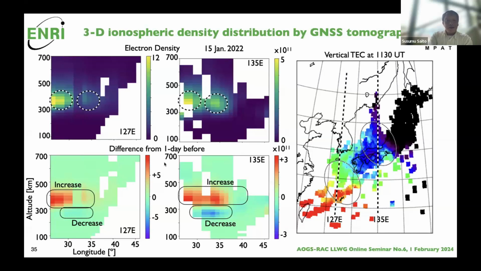And if we take the difference from the one day before, we see that the density at 300 to 400 kilometers increased, and the density below 300 kilometers decreased.